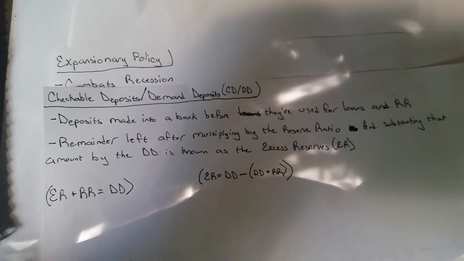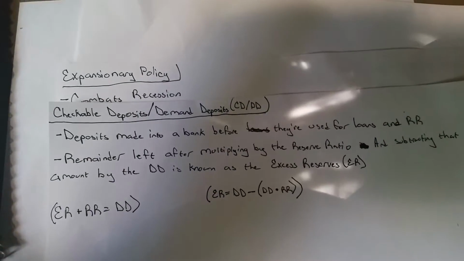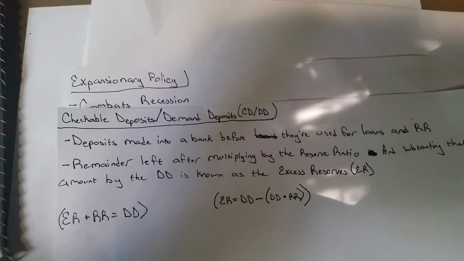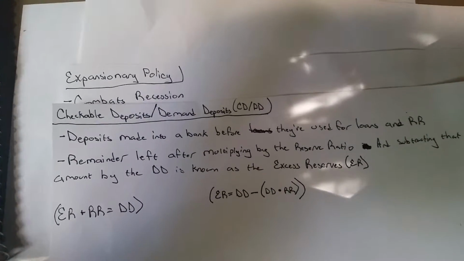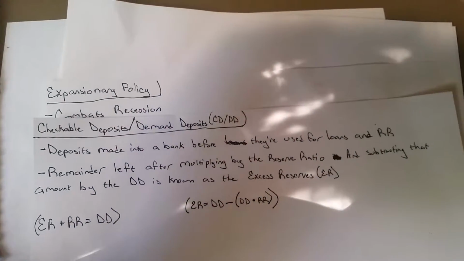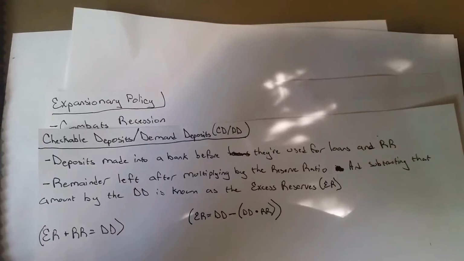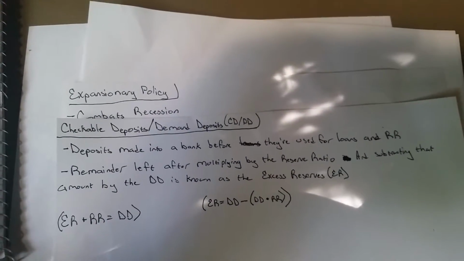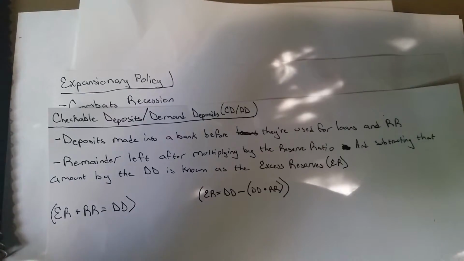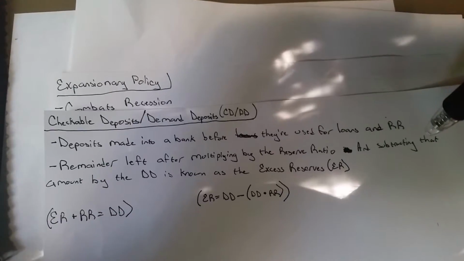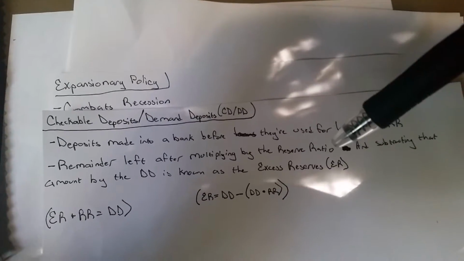All right, next we'll be talking about checkable deposits, better known as demand deposits. Checkable deposits, or demand deposits, are any deposits made into a bank before they're used for loans and taken out by the RR. The remainder left after multiplying the DD by the reserve ratio and subtracting that amount from the DD is known as the excess reserves.